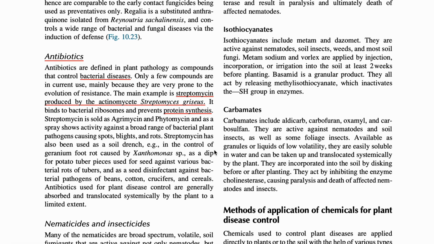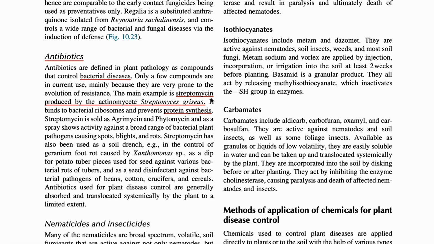Beta-lactam is one of the important ones, because under beta-lactams penicillins come, and everybody knows about penicillin. Penicillin is the first antibiotic, right? By Alexander Fleming in 1928. Again, if I'm not wrong, I hope it is 1928.